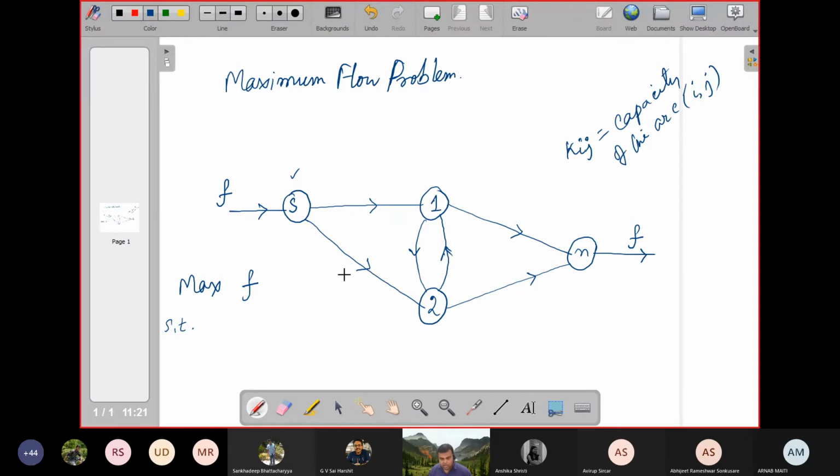So if I denote these flows as fs1 and fs2, the flows that are flowing through these arcs, then I have a constraint fs1 plus fs2 is equal to what? F.